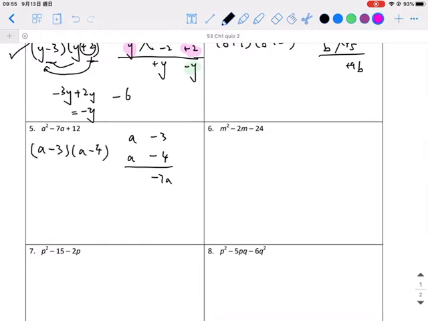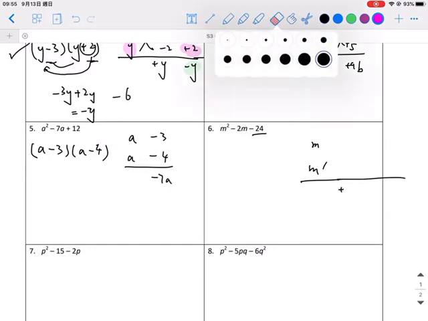For the next one, this is m times m, and because it's negative 24, the factor pair should be 1 positive and 1 negative. We have two pairs, maybe positive 12 times negative 2, or negative 12 times positive 2. Oh no, sorry, it's not 12 and 2, because the difference is too large.